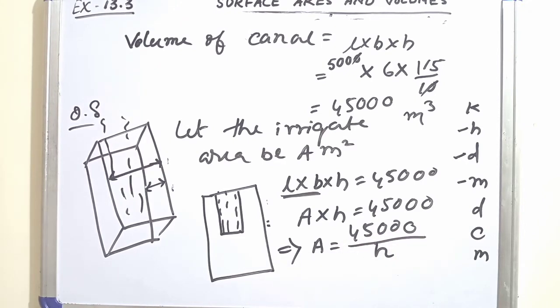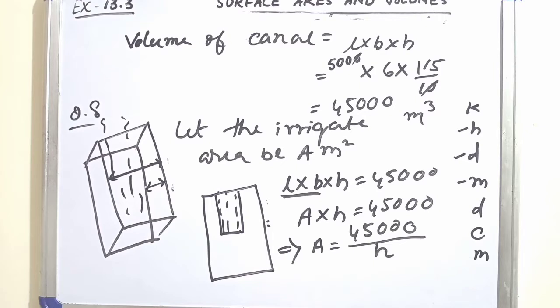So here height is equal to 8 centimeter. Not this height, because it is given that how much area will irrigate in 30 minutes if 8 centimeter of standing water is needed.